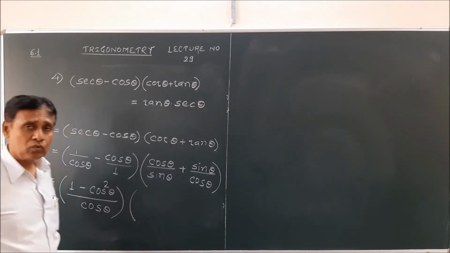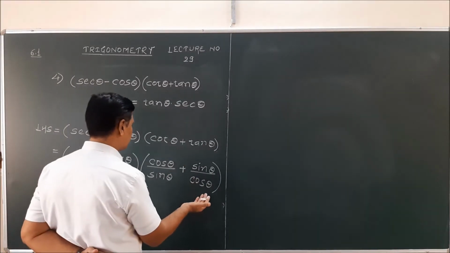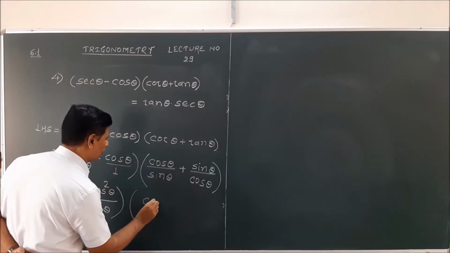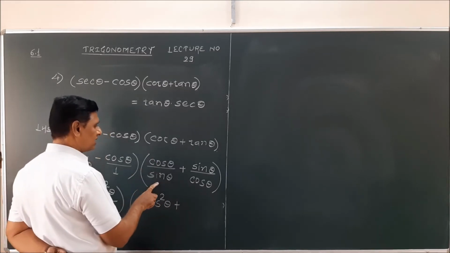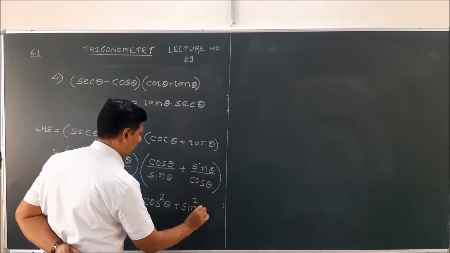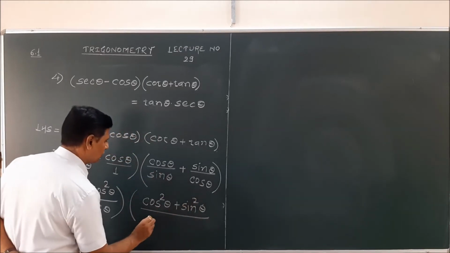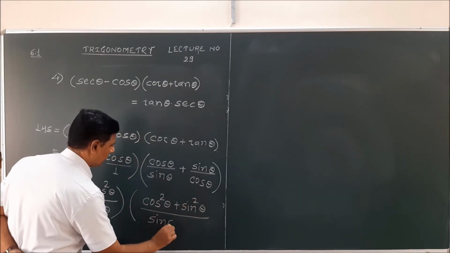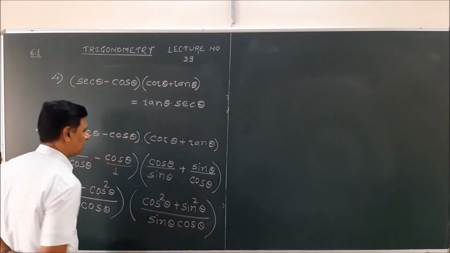Here also we'll do cross multiplication. Cos theta into cos theta is cos square theta plus sin theta into sin theta is sin square theta, divided by sin theta into cos theta.